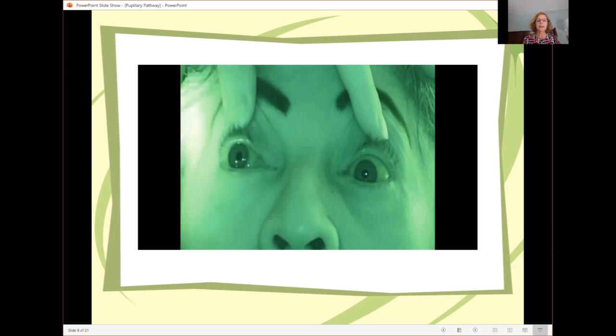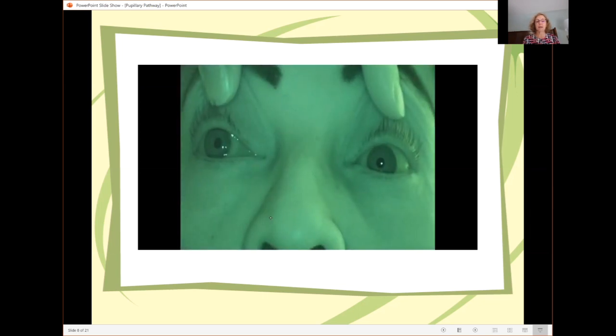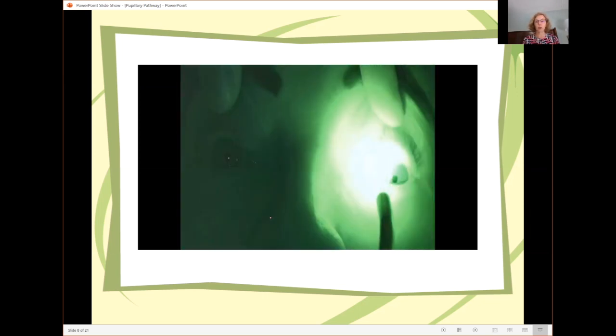Now we're going to test the pupil responses, and you can see that both pupils respond well to light. This is more indicative of an ischemic lesion to cranial nerve 3.